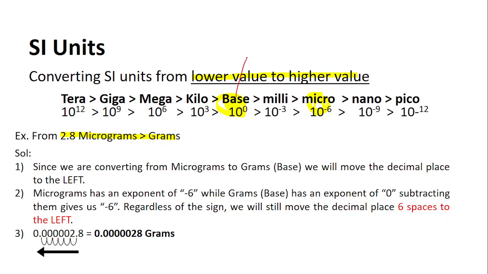We have grams, liters, and meters. So, grams is at the base. So, when we convert from a lower to a higher value, the arrow points to the left. So, we will move the decimal place to the left, class.